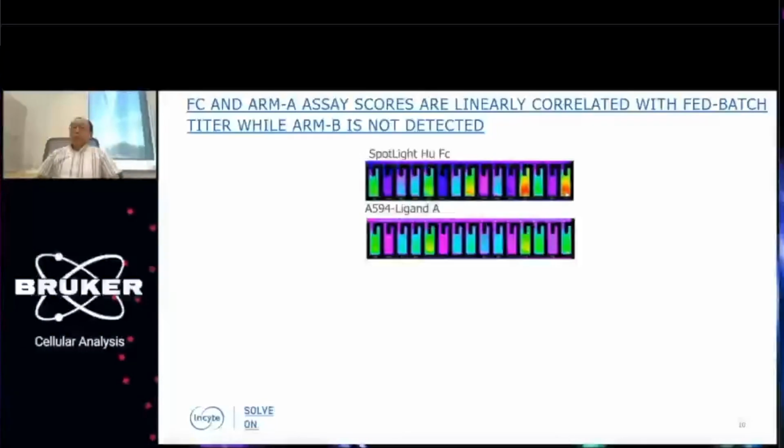There are some possible reasons. First, the ligand B is not labeled. Second, the labeled ligand B cannot bind to the antibody because the structure is disrupted. Third, there is antibody-ligand aggregation.